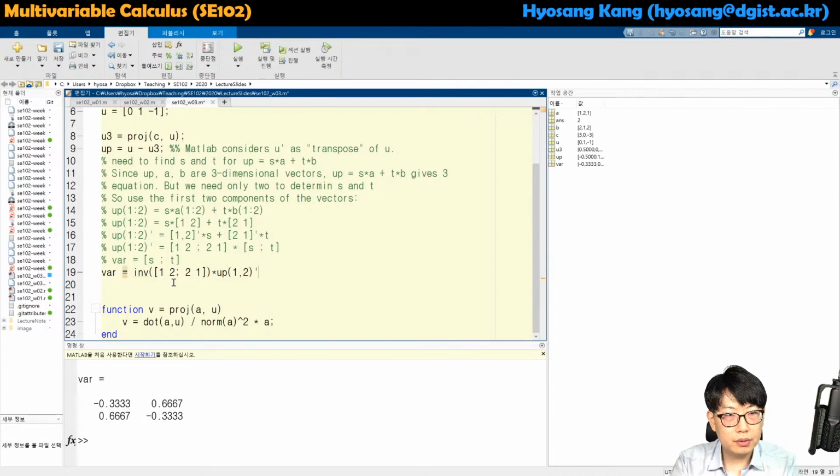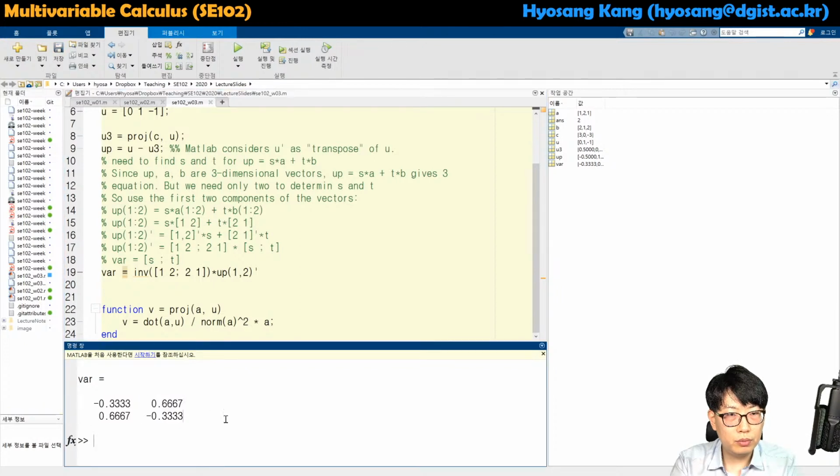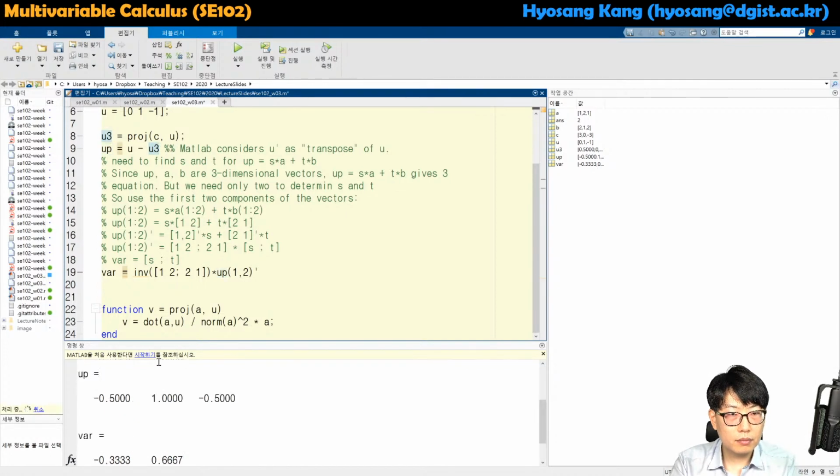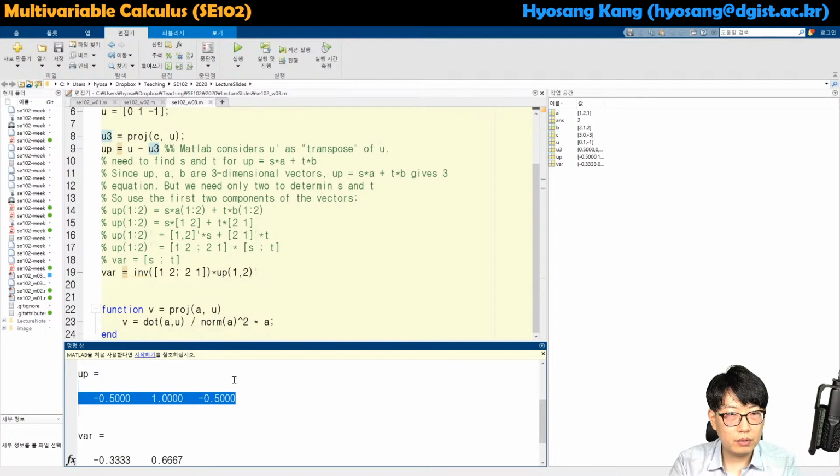Why do I have this 2 by 2 matrix? So inverse of 1, 2, 2, 1 times UP. Let's see what UP is. UP is 3 vectors. Okay.